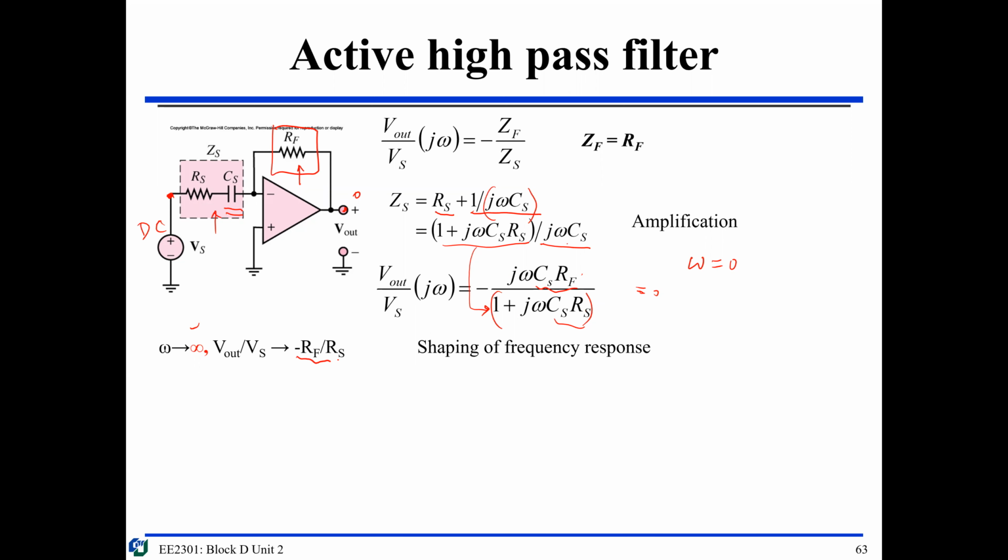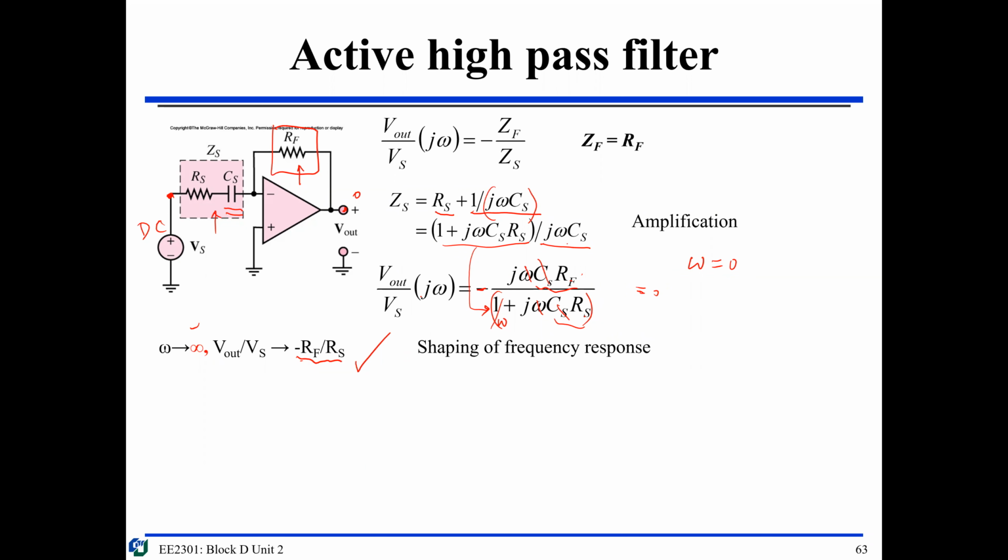Because you divide by omega, this is 1 divided by omega, so this goes to 0. Then what's left, CS cancels out, is RF divided by RS. The negative sign is still here. So this is the high frequency case.